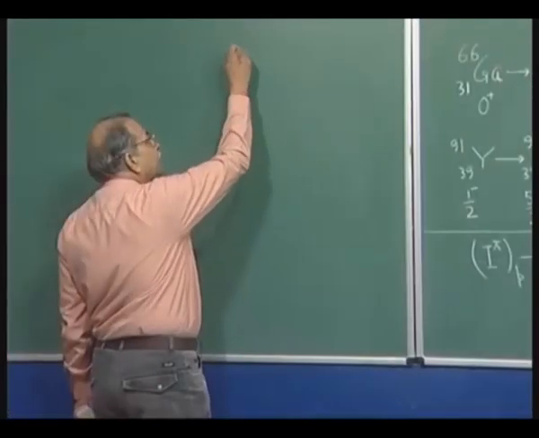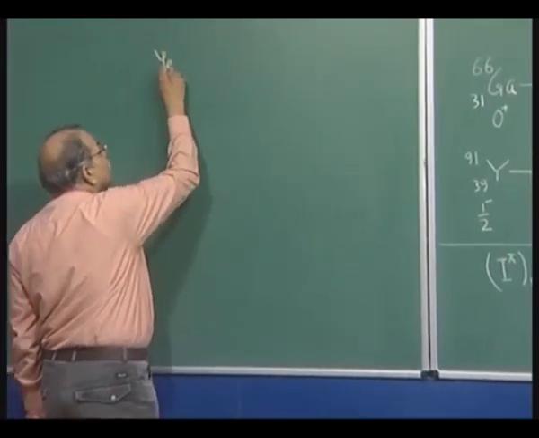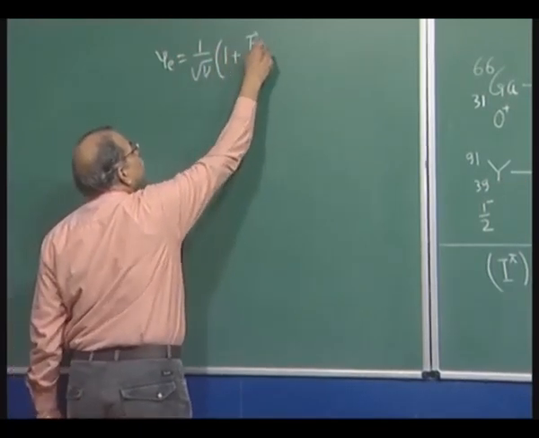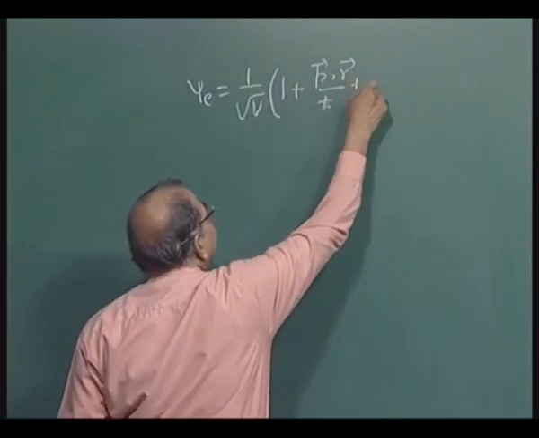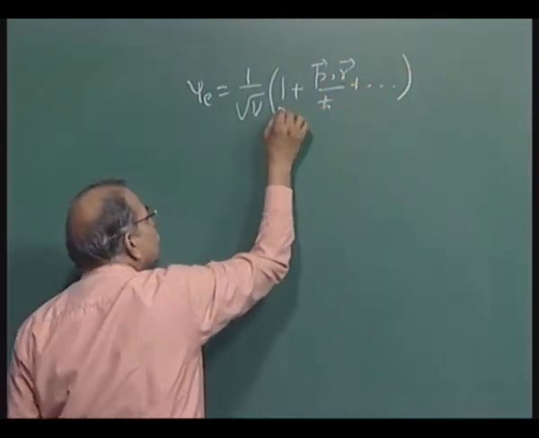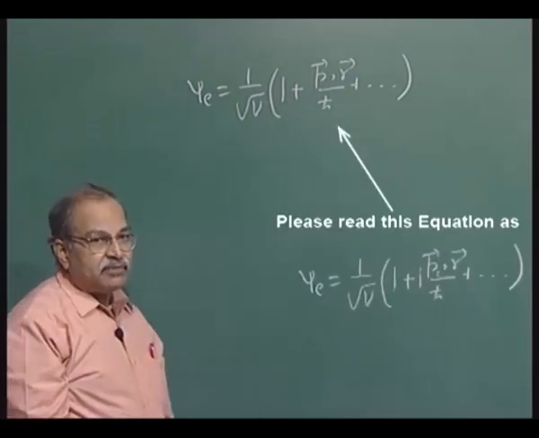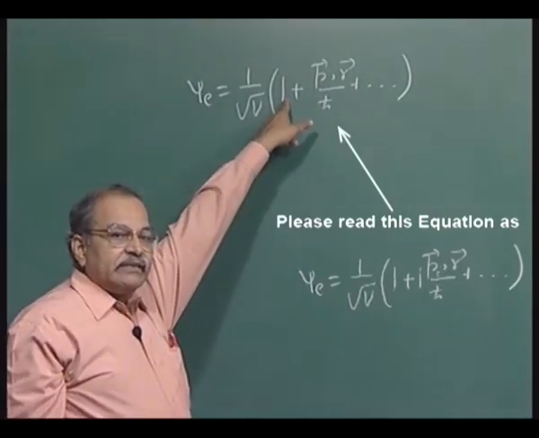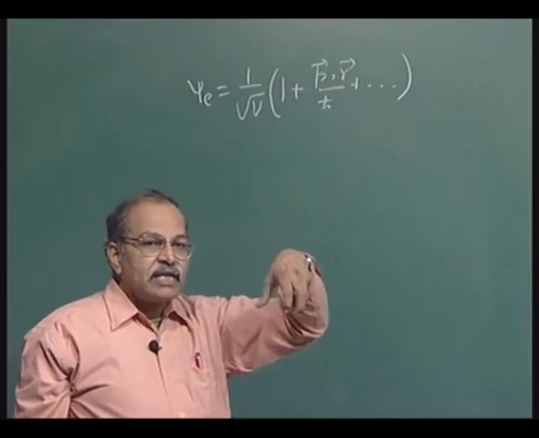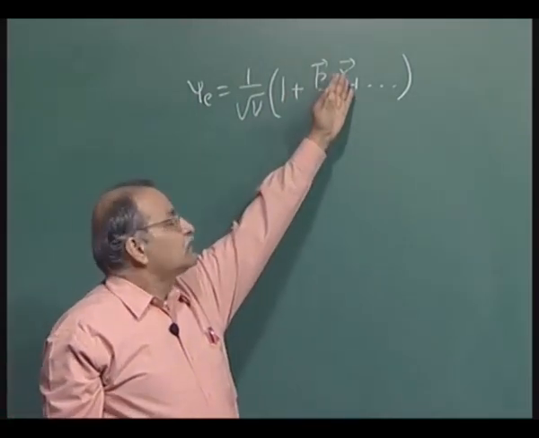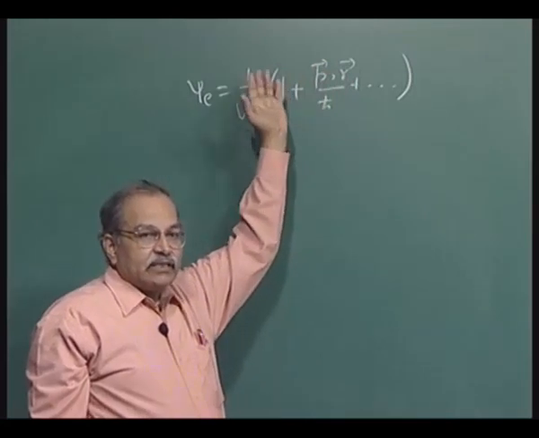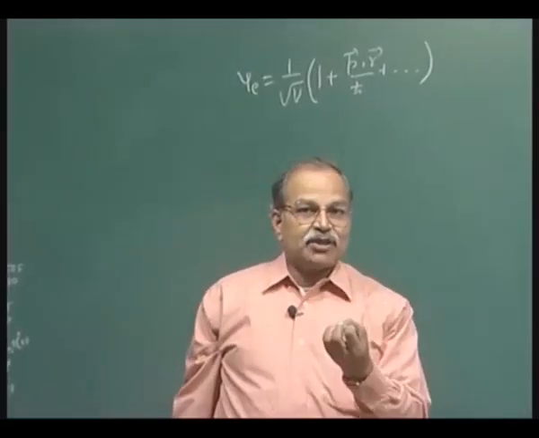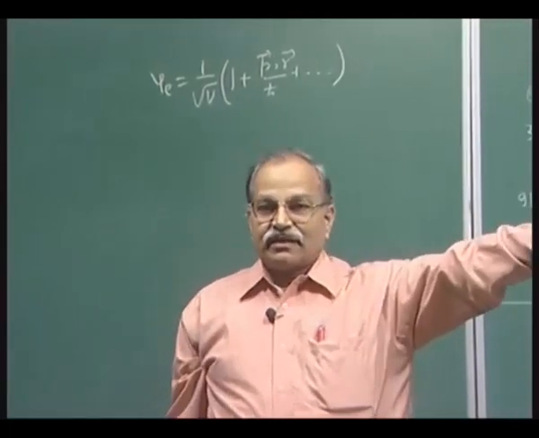Okay. So, when we write this psi e as 1 over root v, then p dot r over h cross and then higher terms, and we retain only 1 in deriving the Fermi expression, we retained only 1. So, this essentially means that we are taking the wave function at the origin. In this, if I put r equal to 0, I will just get this 1. So, that means the electron and neutrino are created at the center of this parent nucleus, and from there they are coming out.